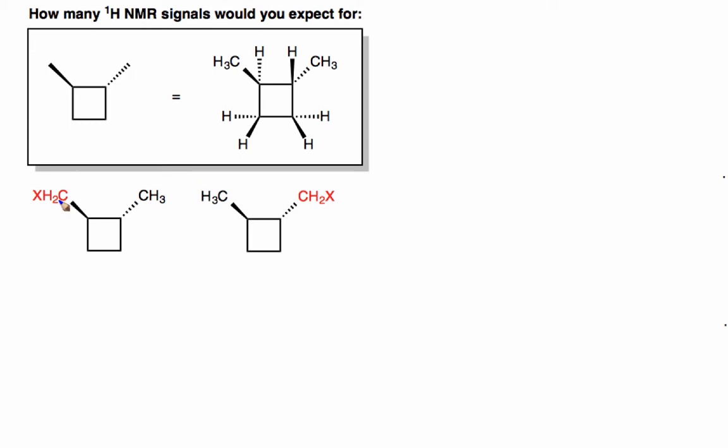But we're comparing the hydrogens in these two methyl groups. If you just take this compound on the right, flip it over horizontally, you'll see that you can superimpose it right on top of the compound on the left. So these two are identical.